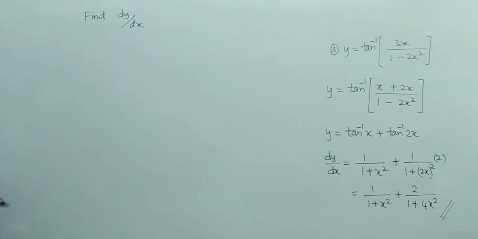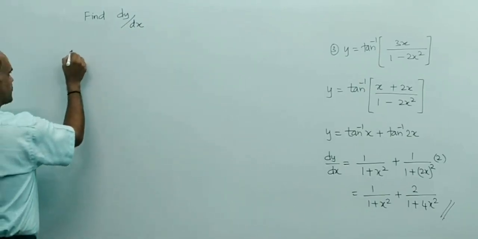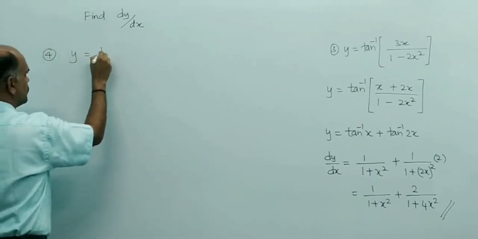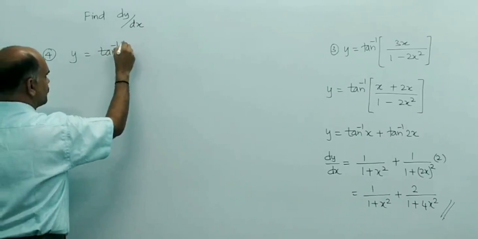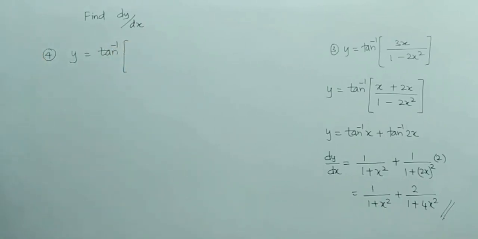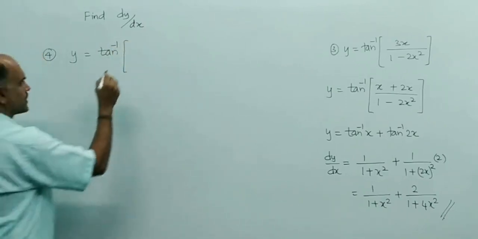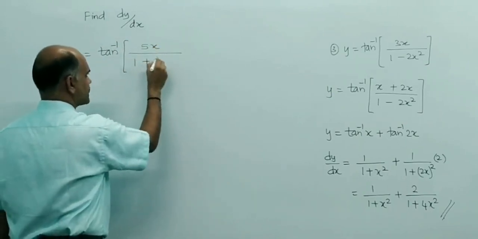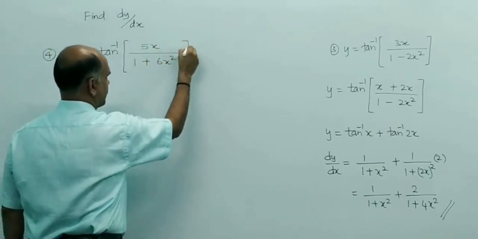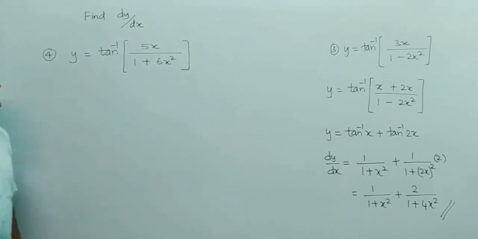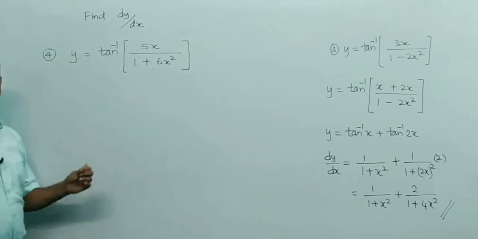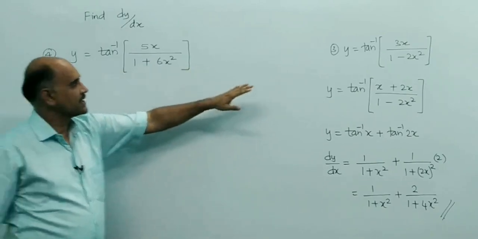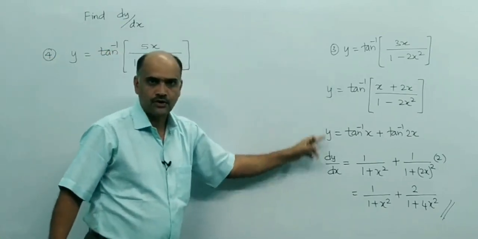Similarly, if I take the next one, the fourth one, y is equal to tan inverse of (5x by 1 plus 6x square). Now, you can think in the similar way I have solved here.